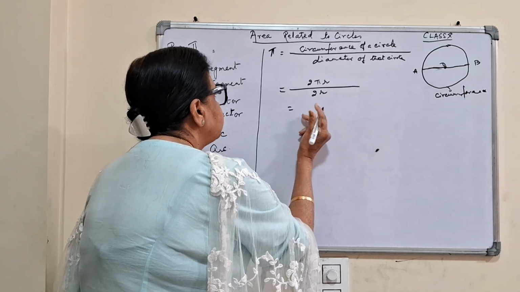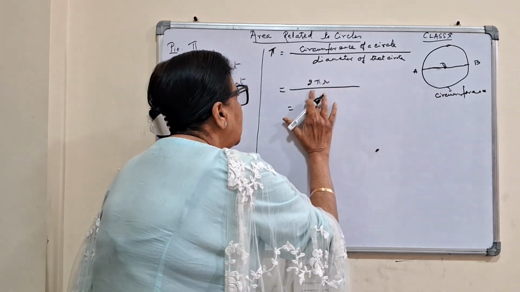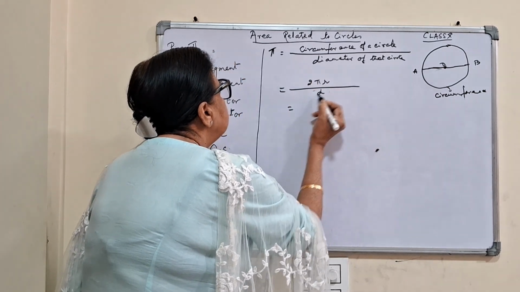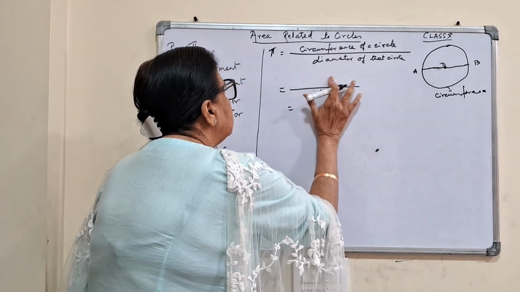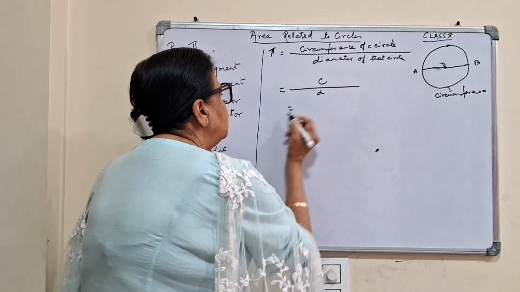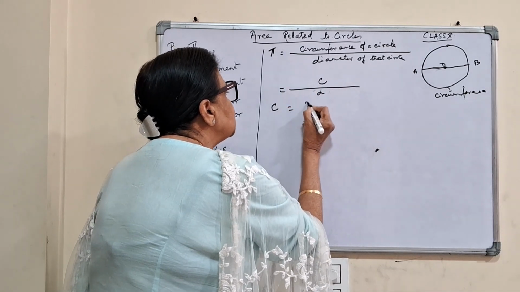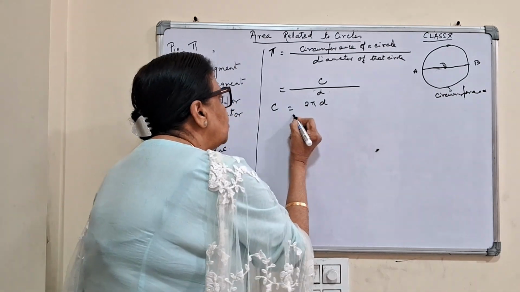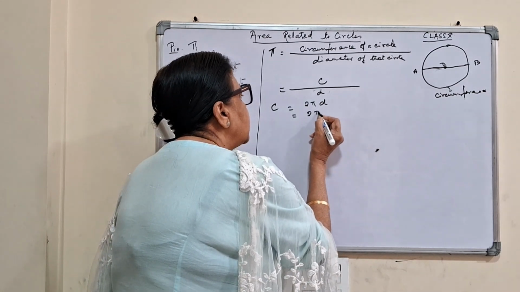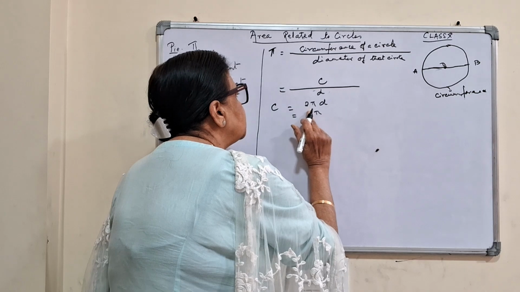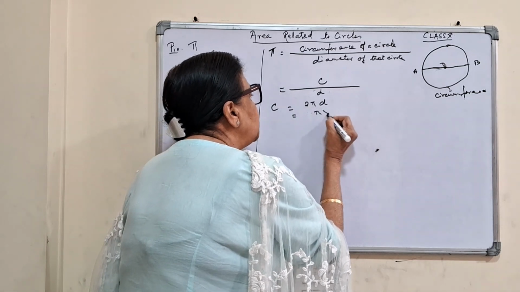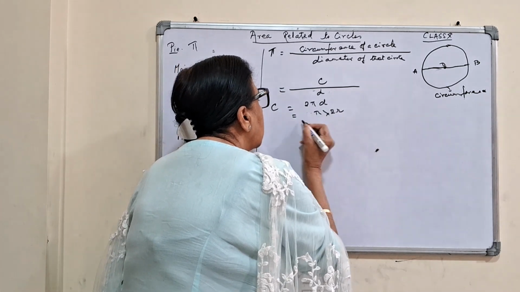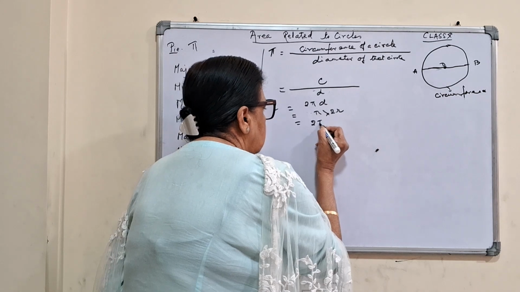Therefore, if I write C here for circumference, circumference is pi d, that is equal to pi into 2r, that is equal to 2 pi r.